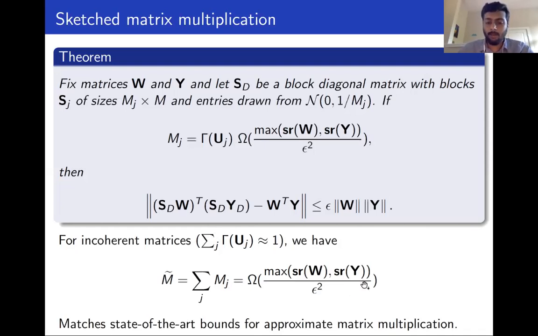And this bound on the right hand side is exactly what is achievable even with dense sketching matrices which don't have this localized sketching property. So the fact that we are able to achieve the same bound for block diagonal matrices is a very good thing, because it says that even though we are doing this in a distributed manner, we are not losing much on the total sample complexity.